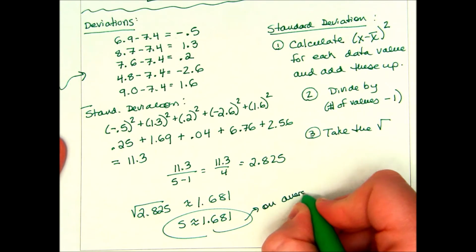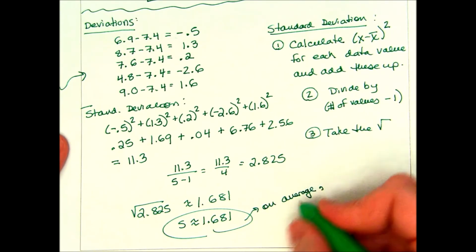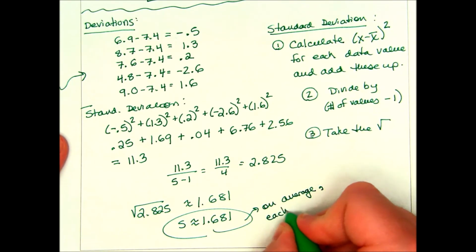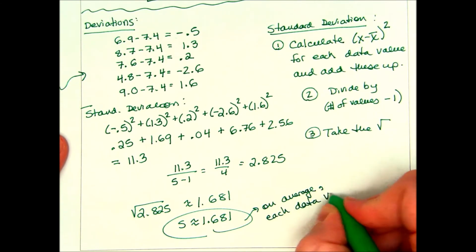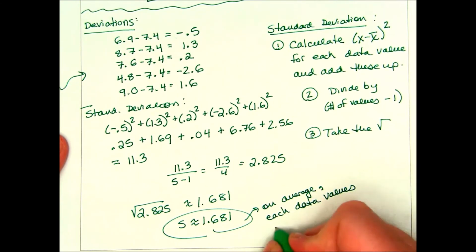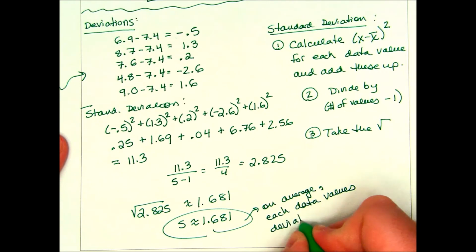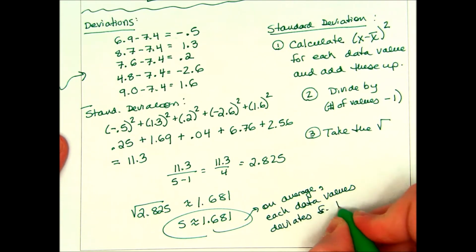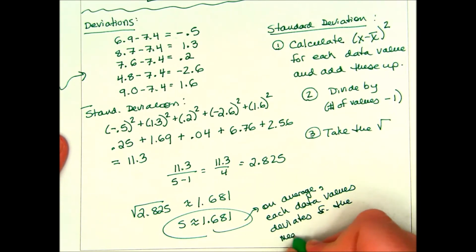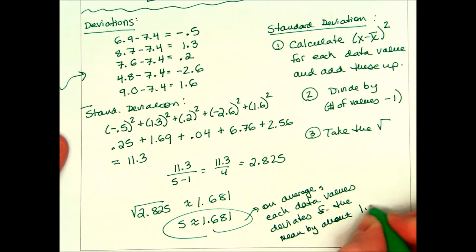On average, each data value deviates from the mean, differs from the mean, by about 1.681.